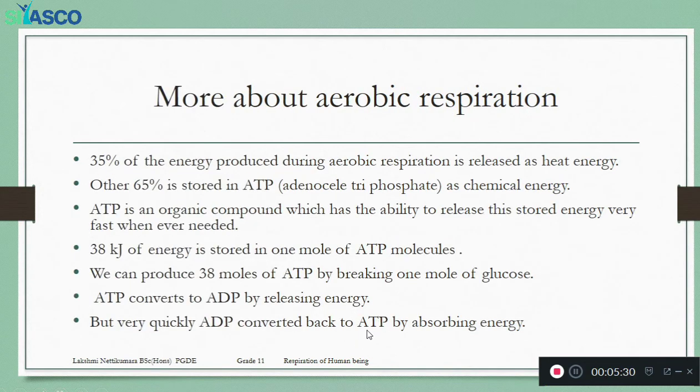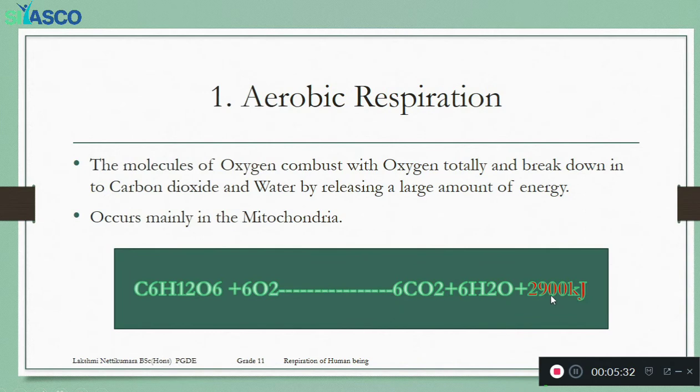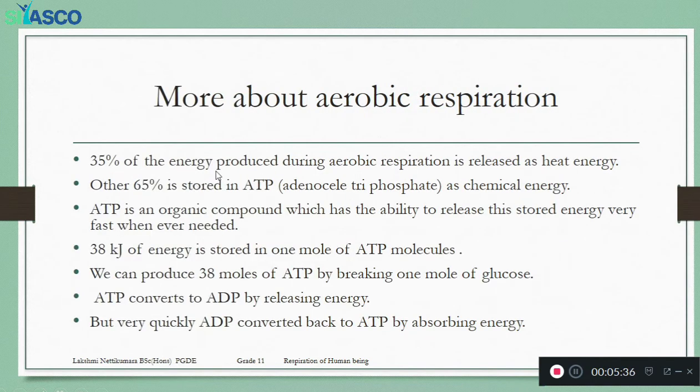From this large amount of energy, 35% produced during this process is released as heat energy, and the other 65% is stored in a molecule called ATP, the organic compound adenosine triphosphate.